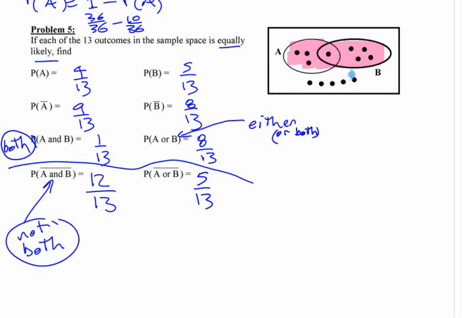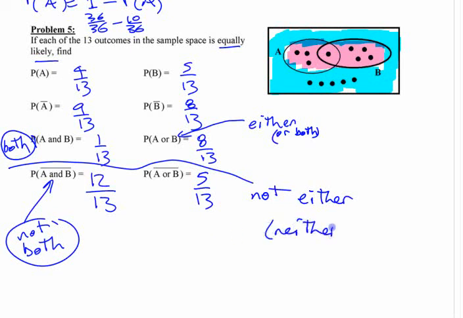So then this is everything else outside of here. How would you use everyday words to describe what that means? Like, you could say it's not either one. What's the word for that? Neither. Looks like a dumb word when you write it all by itself.